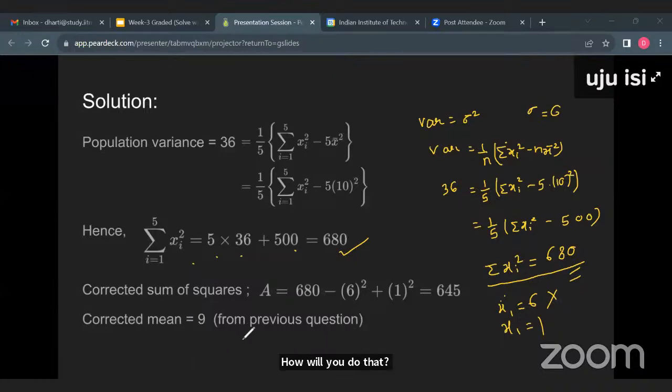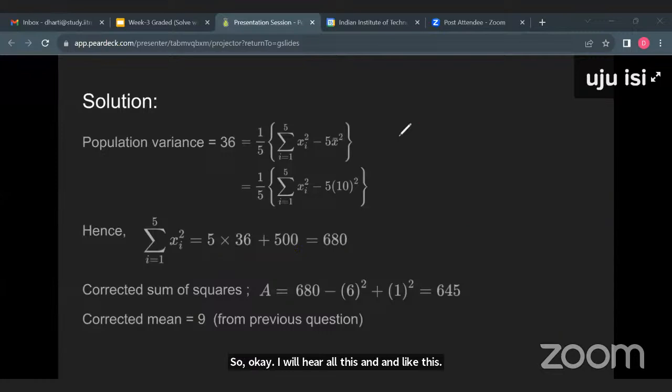So I will clear all this and write this. My sum of x1 square plus x2 square plus till x5 square is equal to 680. But my x1 square is what? 6 square.